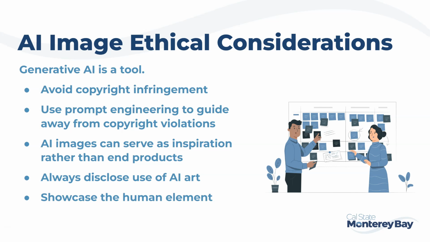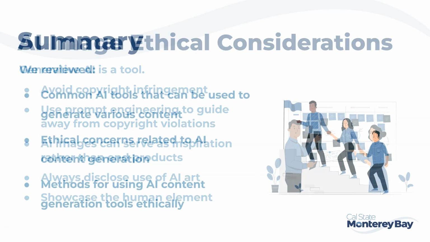No matter how you use these items, always disclose your use of AI as much as possible. Be transparent about it. For example, if you use AI as a starting point, it's worth showcasing the changes that you made to the image so that the human element is clear.